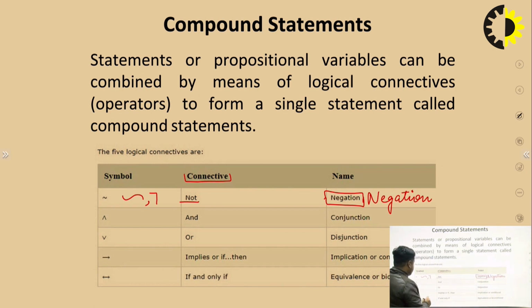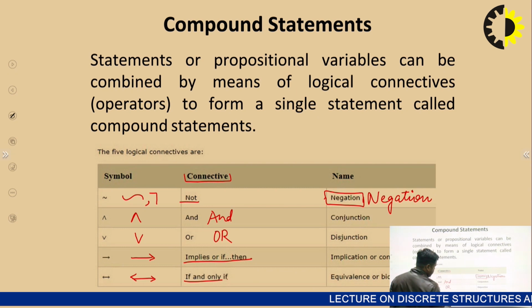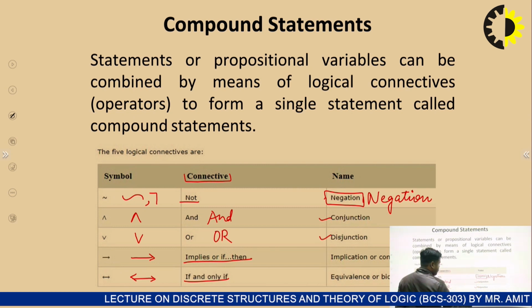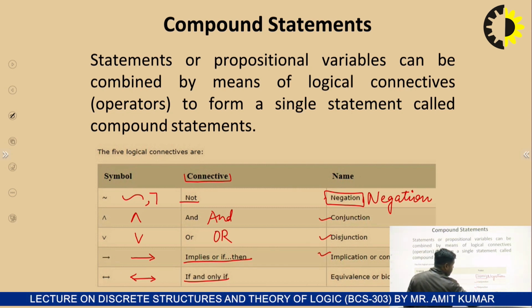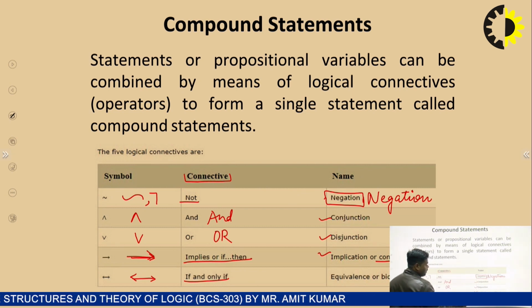Now this is and, this is or, this is implies or if-then, this is if and only if. We can call the and operation a conjunction, the or operation a disjunction, implication a conditional statement, and this one a biconditional statement.